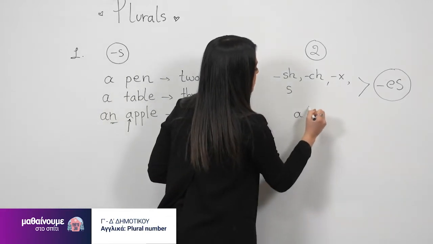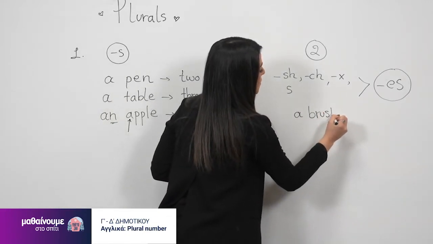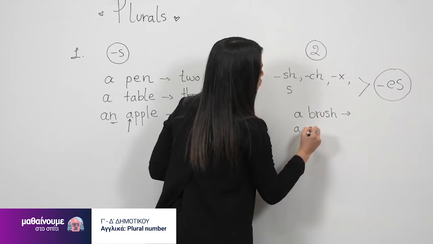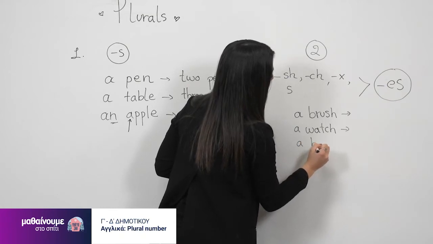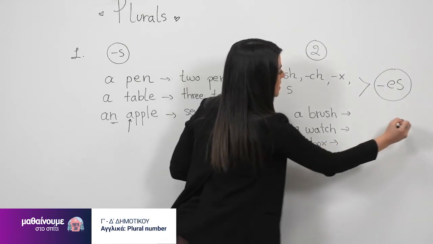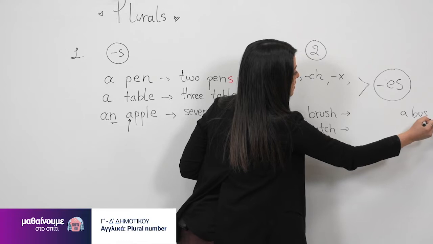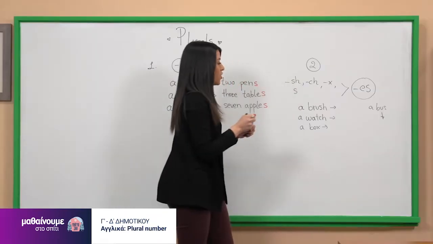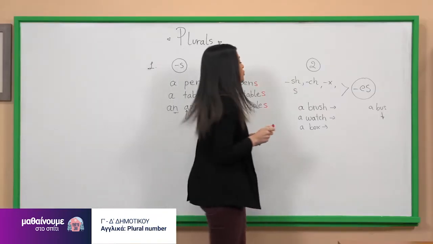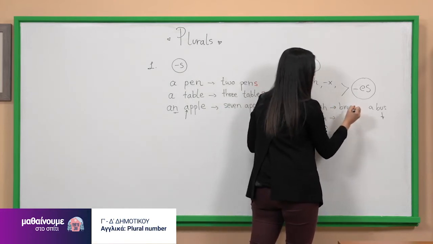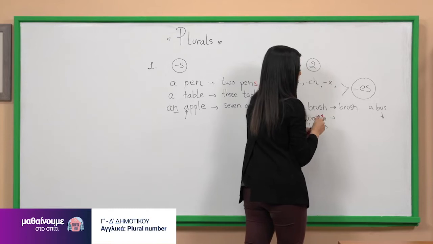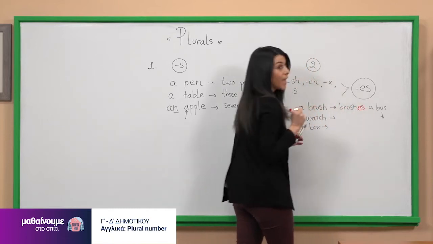A brush. Μια βούρτσα, right? A watch, ένα ρολόι, a box, and a bus. Let's do it over here, να χωρέσουν όλα. So what do we do? A brush, 2 brushes. Brushes, okay?